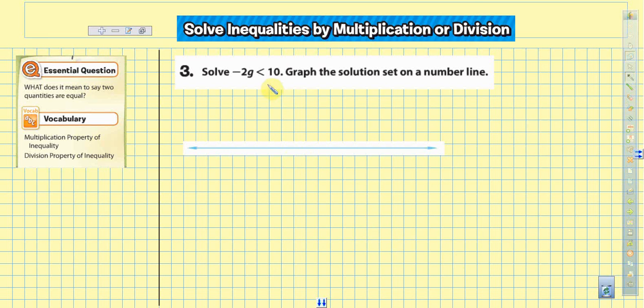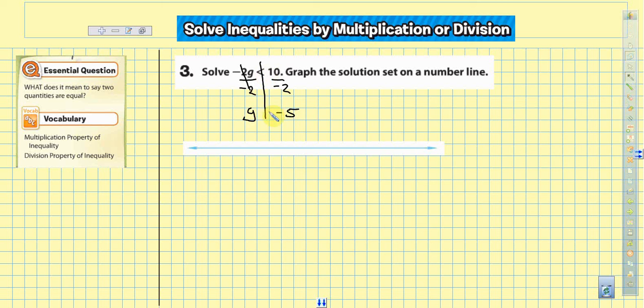So our first one here, we are going to solve. I'm not going to rewrite this, I'm just going to draw the line. Negative 2g is less than 10. Well, guess what? We are going to divide by negative 2. Negative 2 goes into negative 2 one time, g, and I'm going to go ahead and do this one here. Negative 2 goes into 10 negative 5.